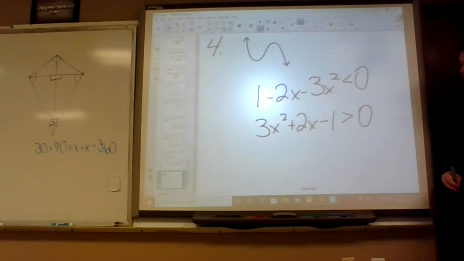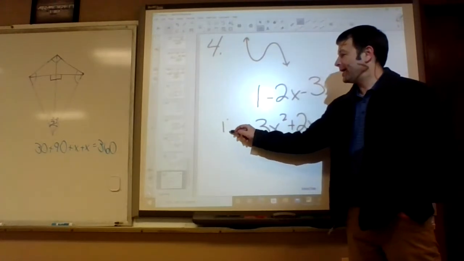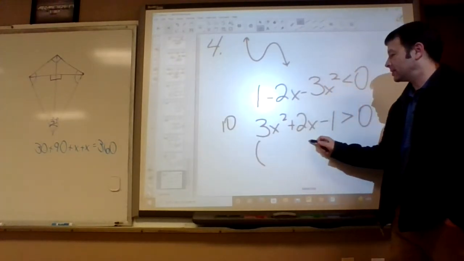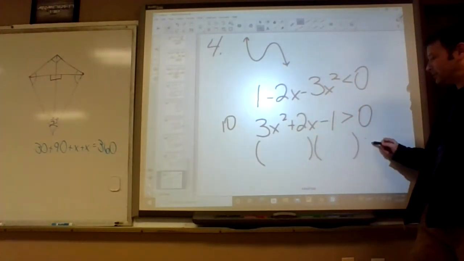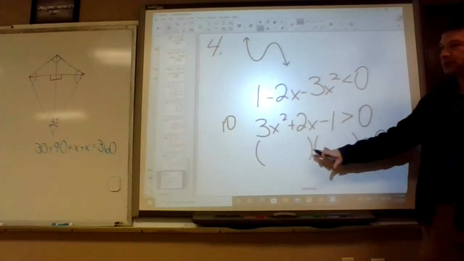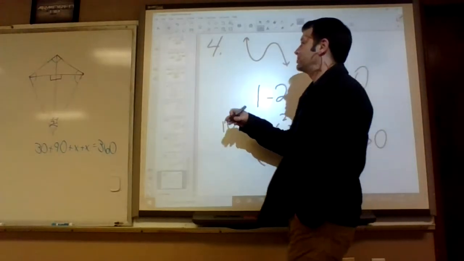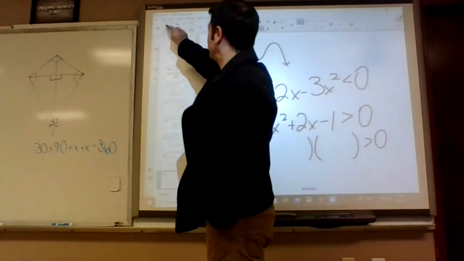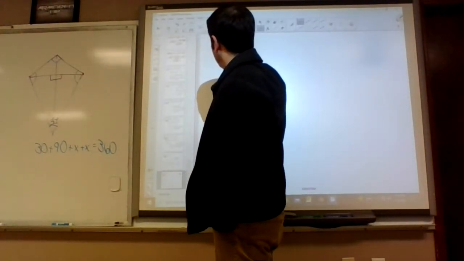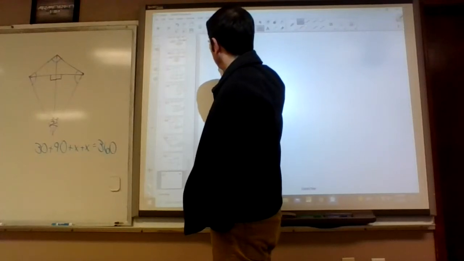When you multiply or divide by a negative, the inequality switches. So now it's ready to factor, and it would just be a parabola on that one. Okay, so those were the two kind of weird ones that I saw. What are we on? 9, 11? Yeah.